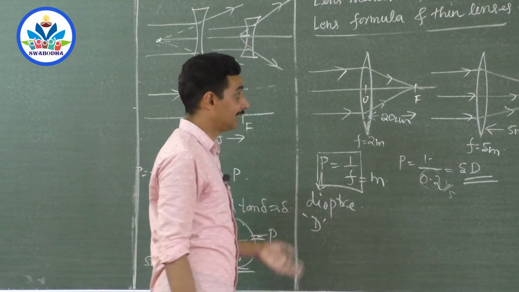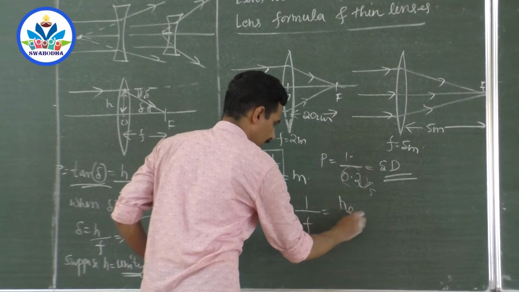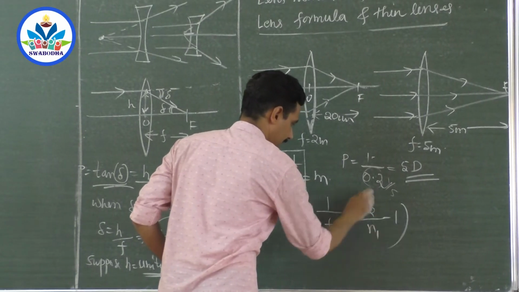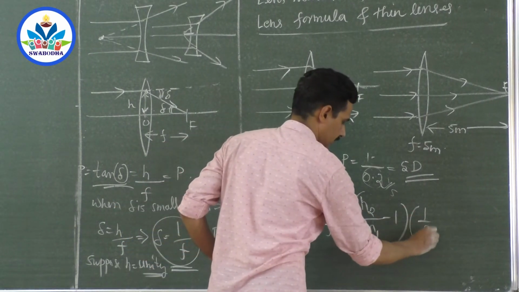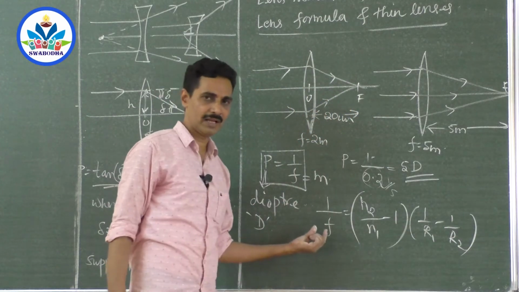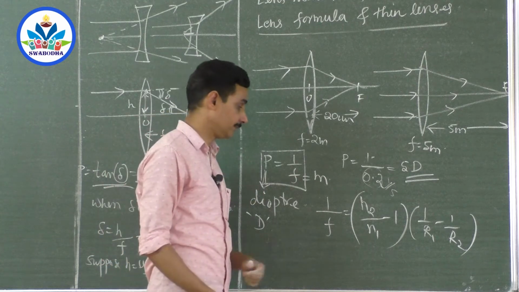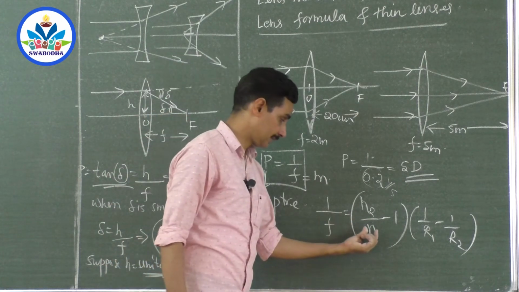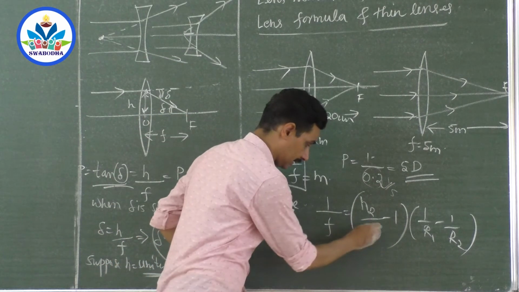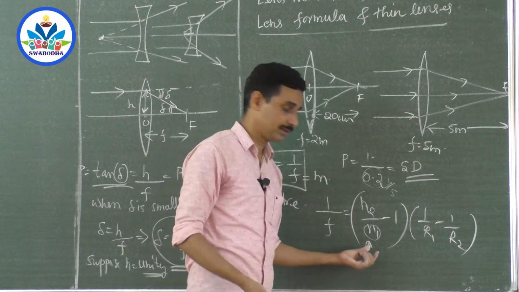Now, I was discussing this 1 by f equal to (n2 by n1 minus 1), where n2 is the lens medium and n1 the surrounding medium, times the bracket 1 by R1 minus 1 by R2. Suppose a lens is immersed in water, lens having a focal length of f. If it is immersed in water, what happens to the focal length? Yes, if you analyze it, when it is immersed in water, the denominator increases from air to water, that is 1 increases to 1.33.